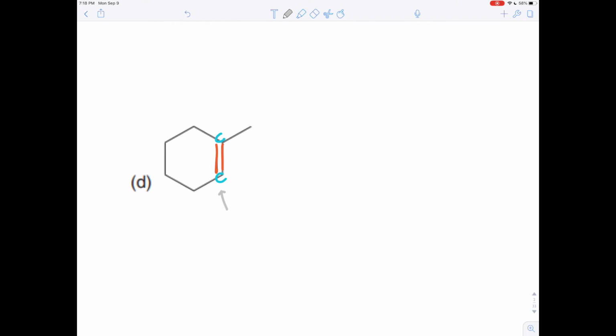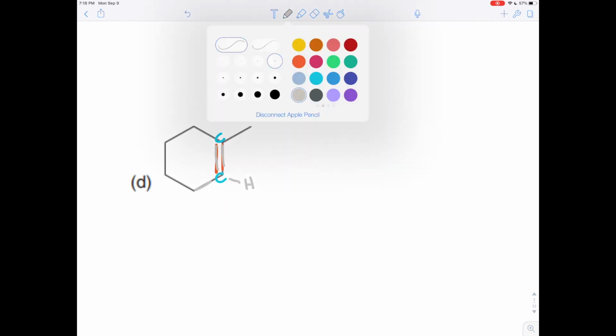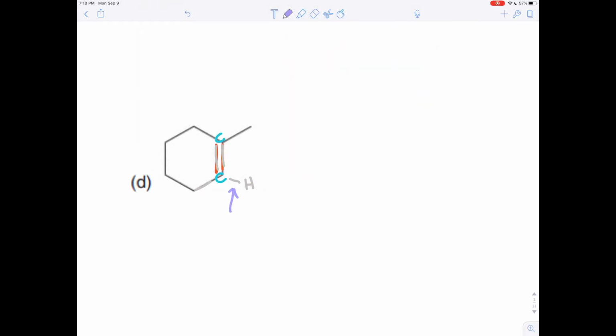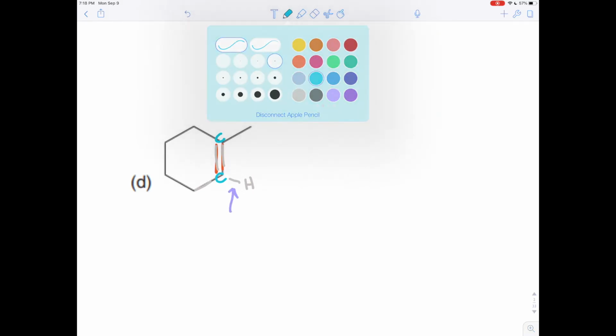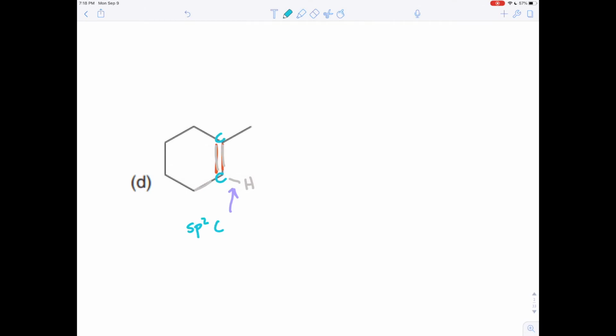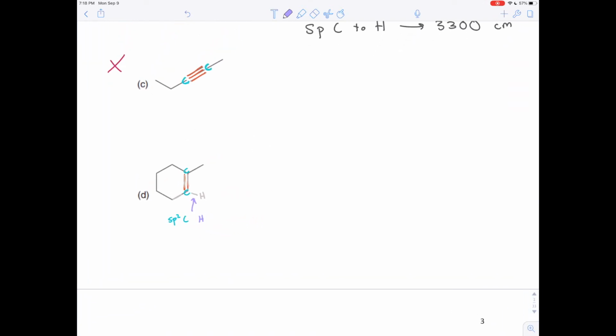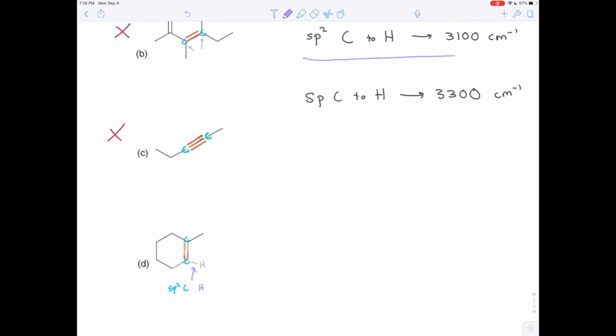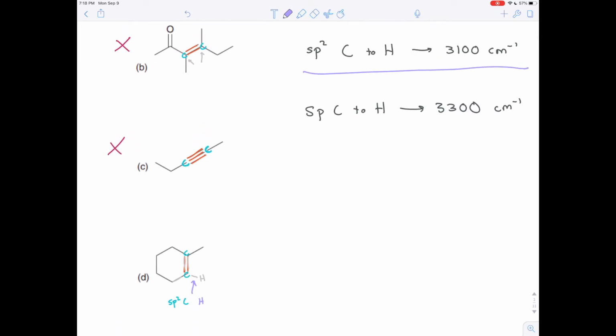How about the carbon on the bottom? It has 1, 2, 3 bonds drawn explicitly. So there's one invisible bond there to a hydrogen. This bond here is between an sp2 hybridized carbon, carbon in a double bond, and a hydrogen. And we saw that when you have an sp2 carbon to hydrogen bond, that bond will absorb waves with a wave number of 3,100.